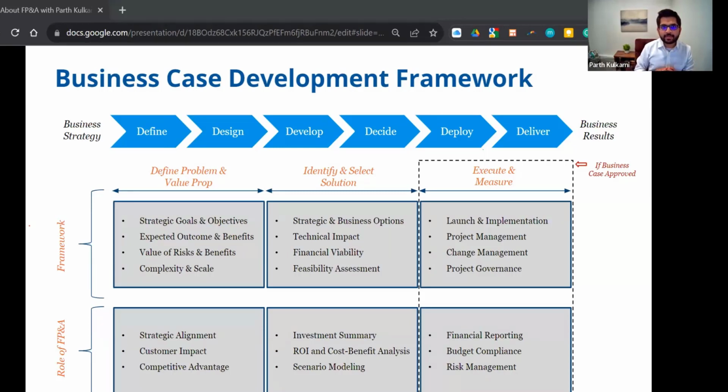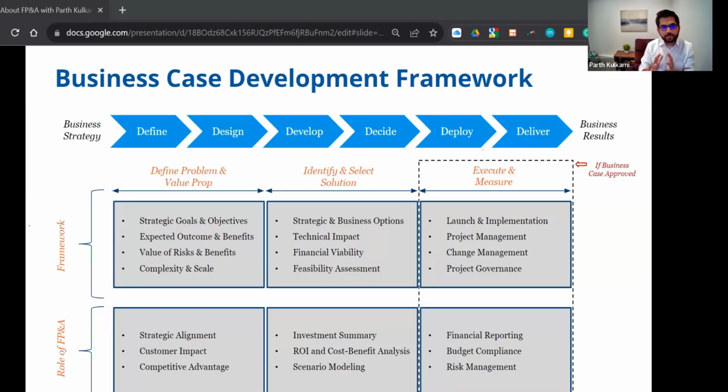So it's a stage in the journey of creation of a business case where potentially the fate of the project, whether it's going to happen or not, starts coming into the equation, right? So that's the fourth stage, which is the decide stage.